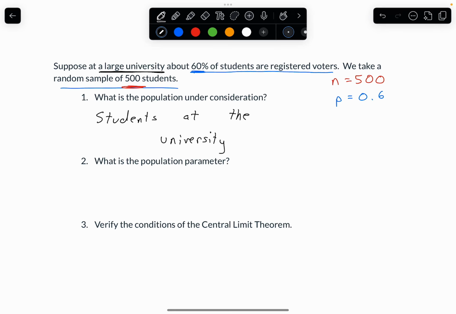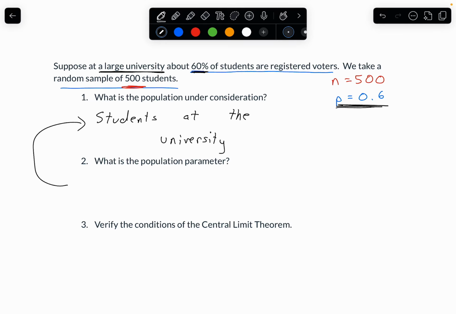Excellent. Number two says, what is the population parameter? So remember, the population parameter is a piece of information I want to talk about from the population. It describes the population in some way. So I'm looking at this number right here, p equals 0.6. This is going to be a descriptor about the students at my university.